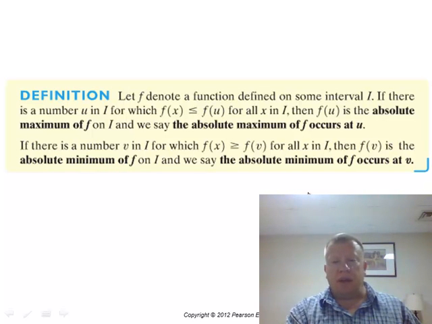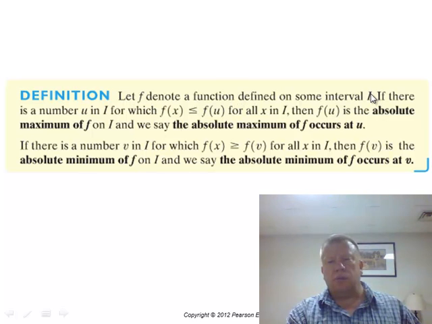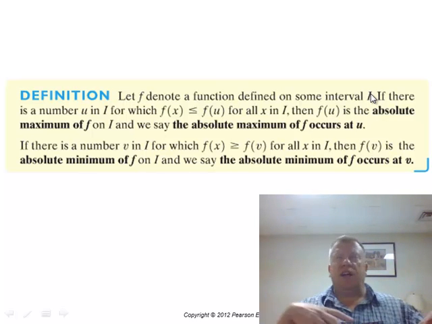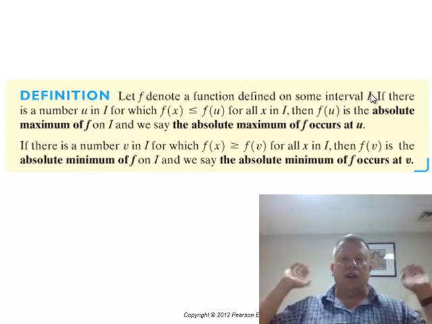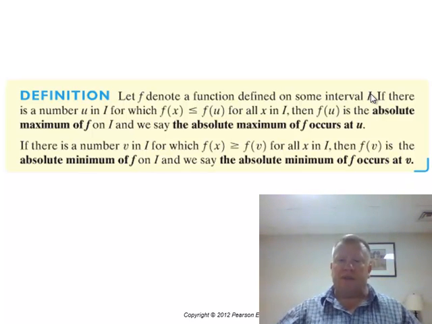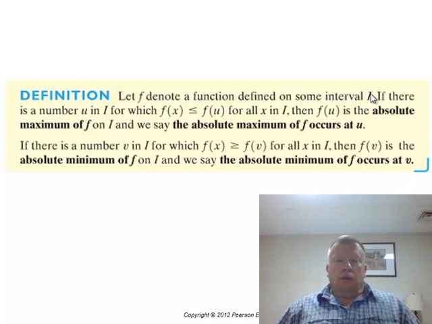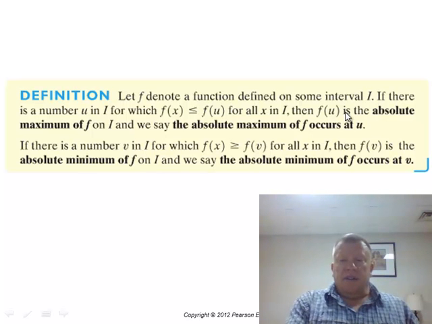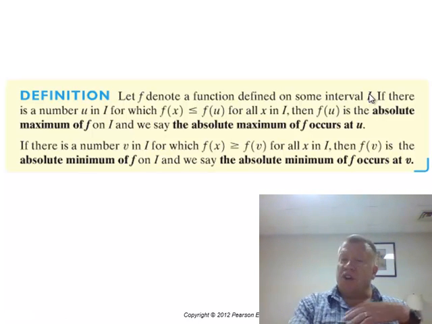So let me just summarize what these definitions mean. Suppose that we have some function f over some interval I. I could be negative to positive infinity, from 0 to 1, or negative 3 to 5, or whatever. In fact, I doesn't even have to be a closed or open interval. It could be half open, half closed, over some interval on the x-axis.